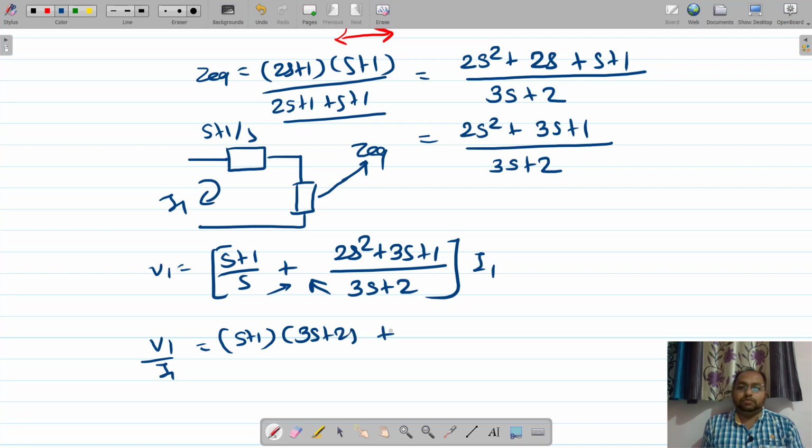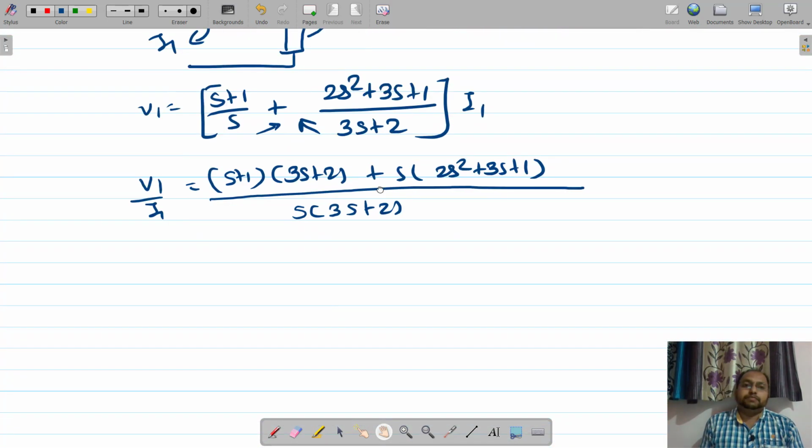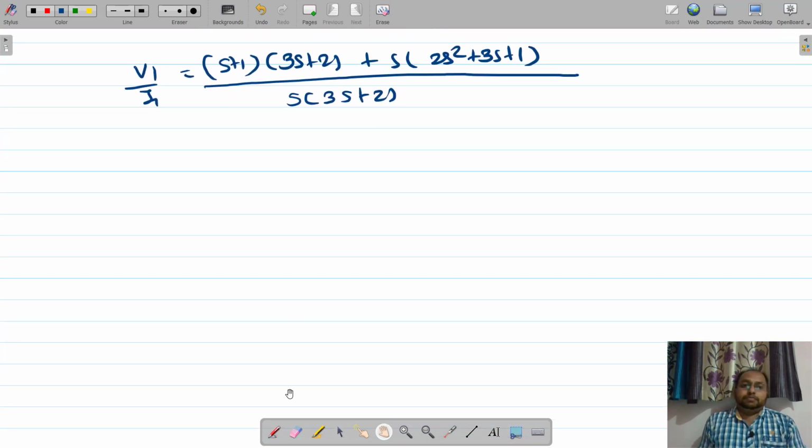plus s into (2s square plus 3s plus 1), divided by s into (3s plus 2). Great. So let us multiply inside this bracket.